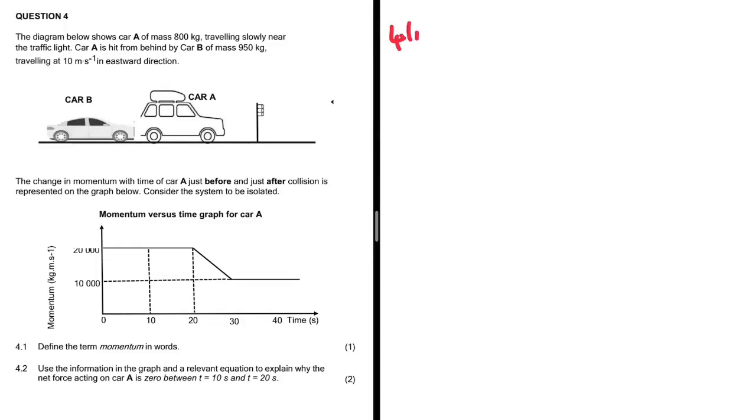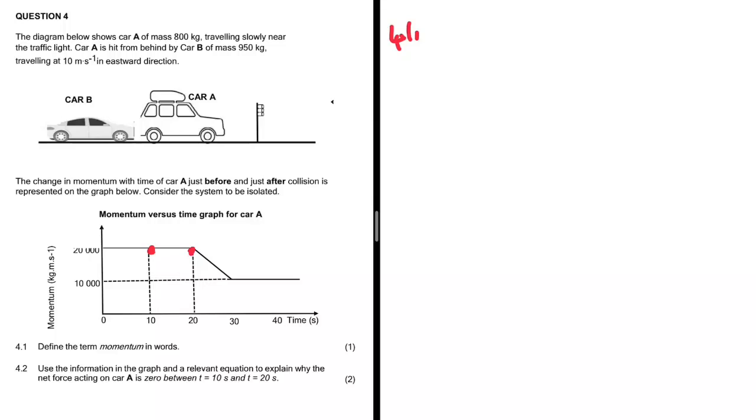Use the information in the graph and the relevant equation to explain why the net force acting on car A is 0 between T10 and T20. The question is saying let's use a relevant equation to explain why.